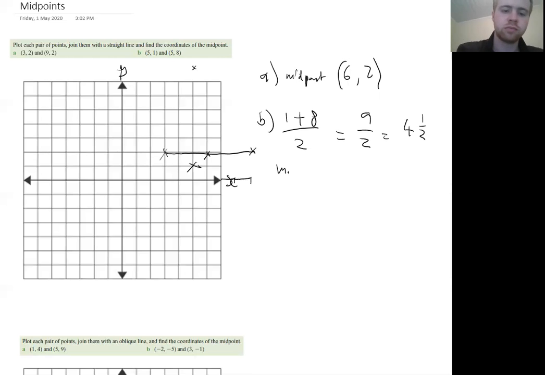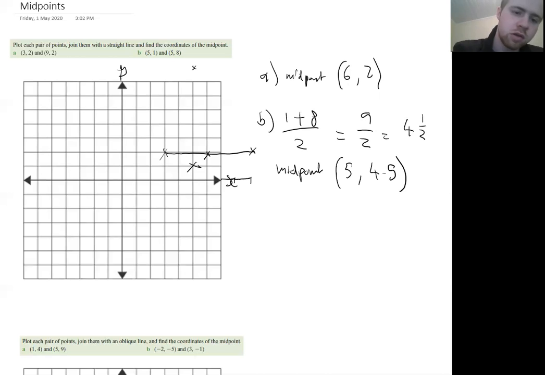So the midpoint is going to be 5 and then 4.5 as our y value, the average of the y values. So that's how we do it. When it's horizontal, average out the x values, leave the y value. When it's vertical, average out the y values.